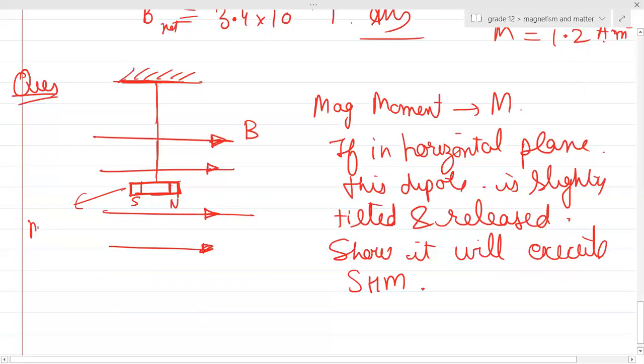This magnet has a mass m and length, so the length of the magnet is given to you.